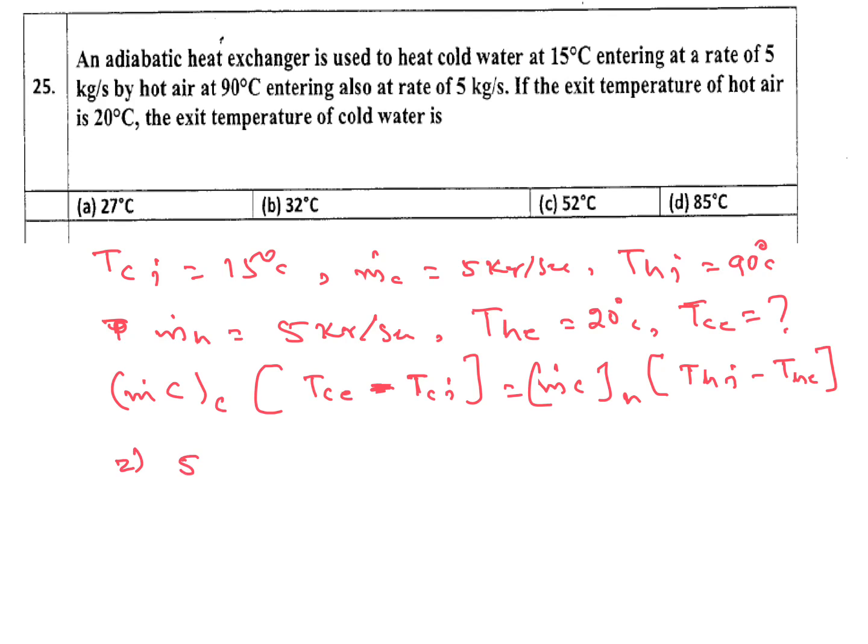Putting the data for cold water, Cp is 4.2, you take 4. TCE we have to find, minus 15. 5 into, for air Cp is 1.005, you take 1, into T minus 20.